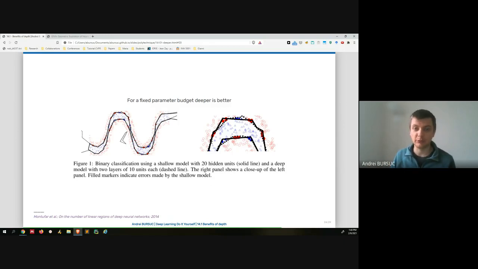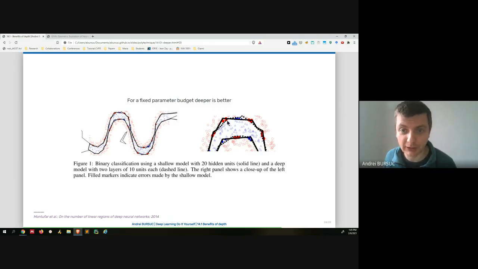With the solid line, they have a neural network with 20 hidden units. And with the dashed line, they have a 2-layer neural network with 10 units per layer. This means that both networks have the same number of parameters, but one is wider, the solid one, and the other one is slimmer but deeper.